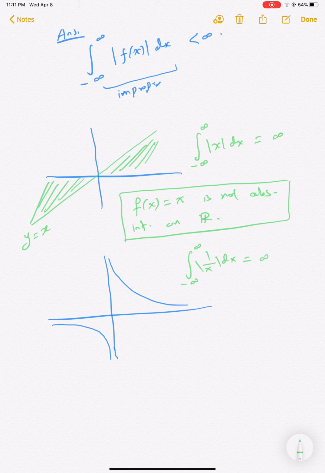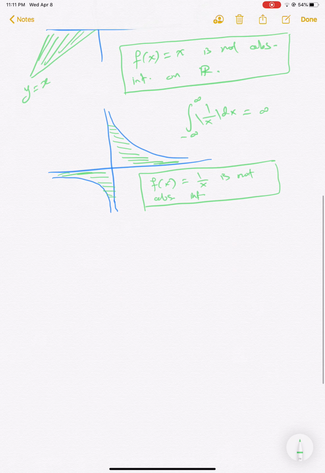You need to split it as from negative infinity to 0 and 0 to infinity, then you do the integrals, you will get ln, that will give you infinity. That means that the area bounded between the curve and the x-axis is infinity. So again, what this says is that the function 1 over x is not absolutely integrable.